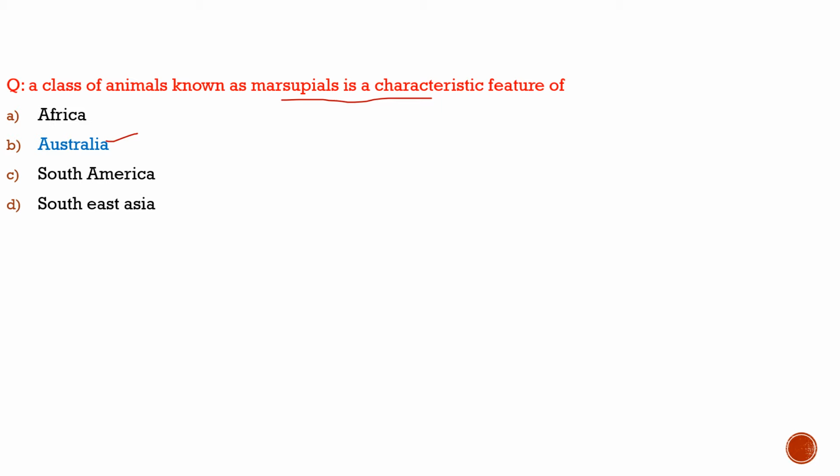These marsupials are found in Australia. 100% correct. Common examples of marsupials are the kangaroo and koala. So the correct statement is option B. This question was asked in the year 2000, and currently we are discussing questions from world geography.